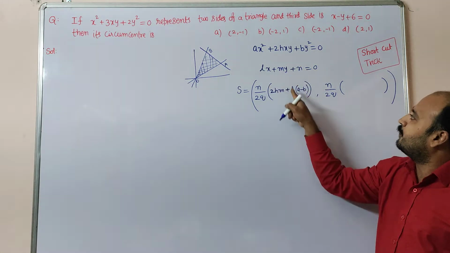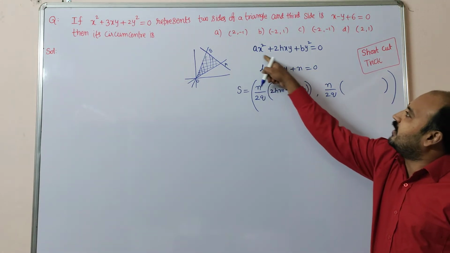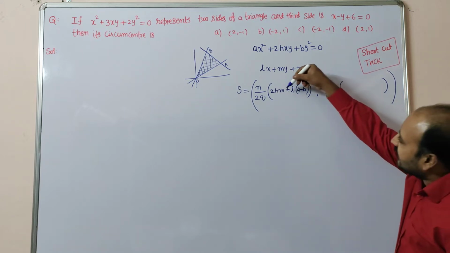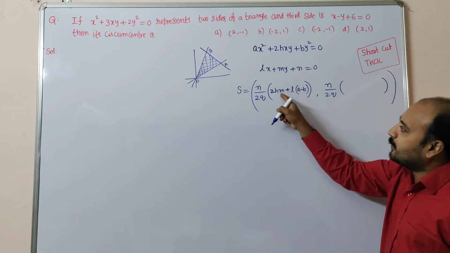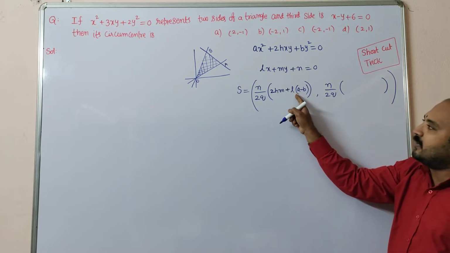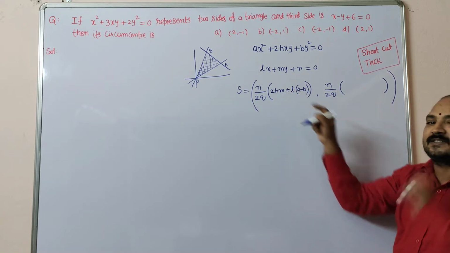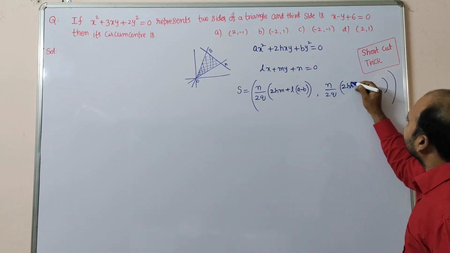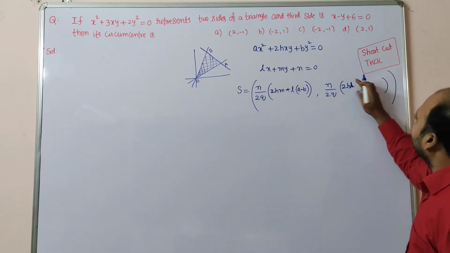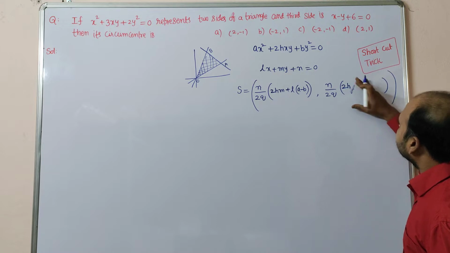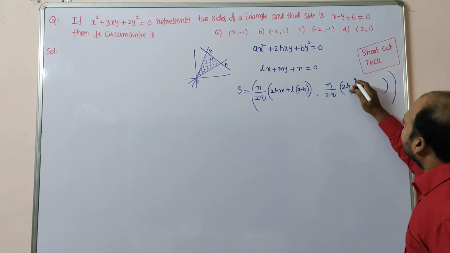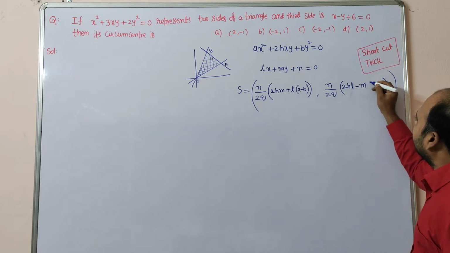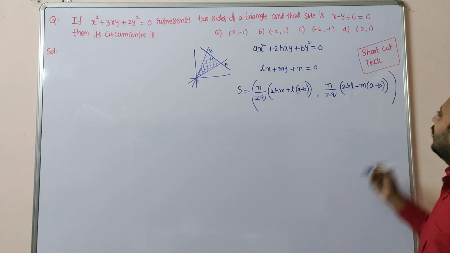In this bracket, in place of m, l we have to replace, and in place of l, m we have to replace, and here keep minus. So here 2hl minus m into a minus b.